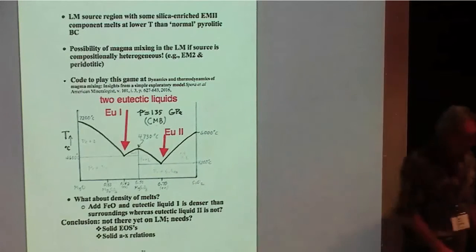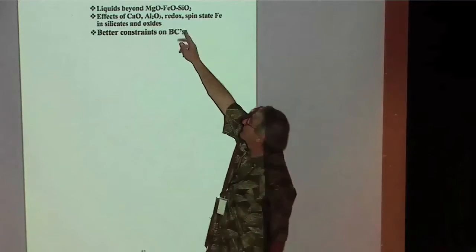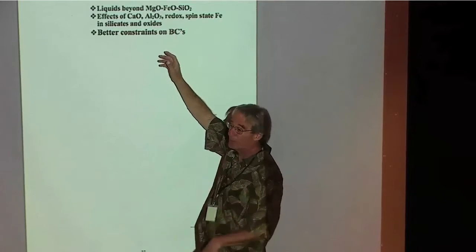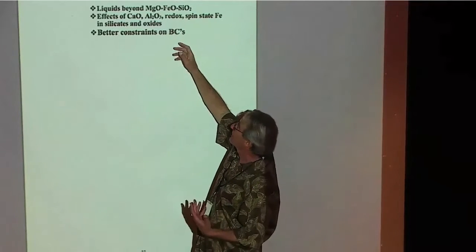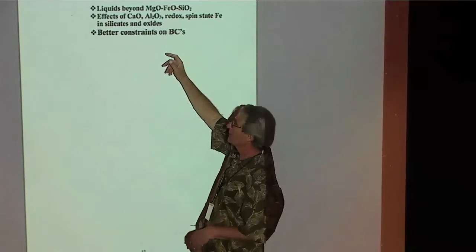Conclusions: we're not there yet to do this completely. For the deep mantle, we need solid equations of state. We need activity-composition relations. We need to know liquids beyond this. We really only know magnesium silica liquids thermodynamically in any way, shape, or form. We could throw this in as a contaminant, a boiling point elevation type routine.